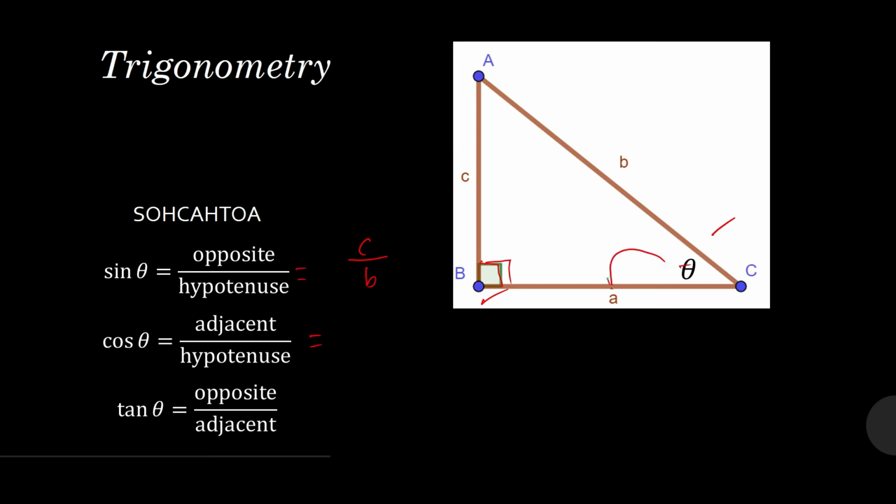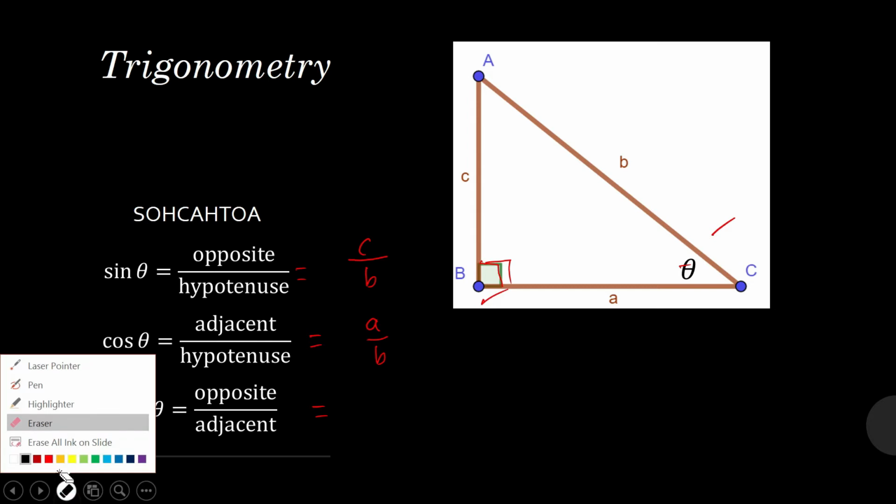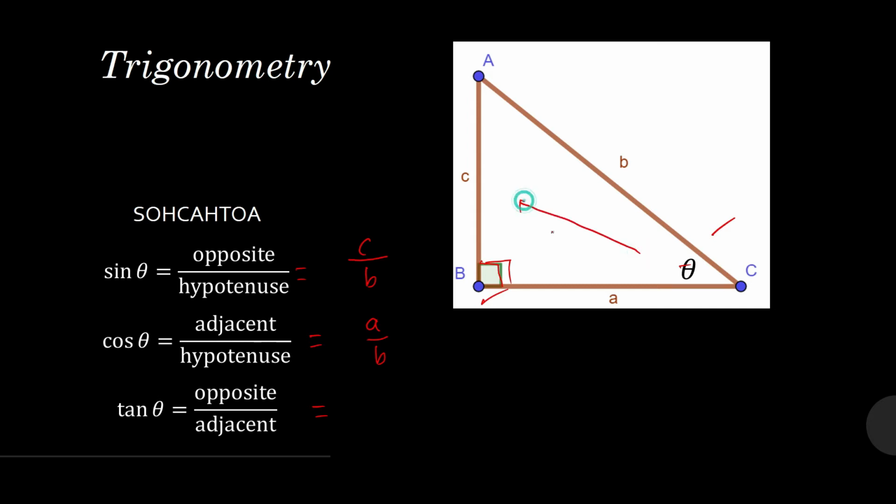So the side adjacent over, again, the hypotenuse, which is side B. In this case, it's A over B. Cosine of theta is equal to A over B. And tangent of theta is equal to the side that is opposite to the angle divided by the side that is adjacent to the angle. In this case, it's C over A.